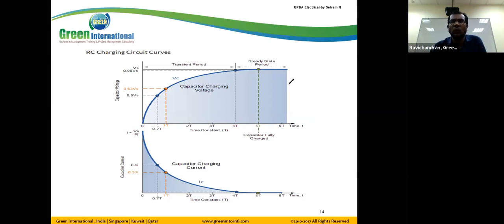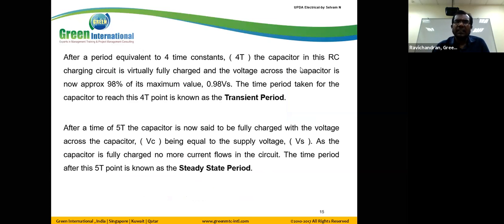Easy to remember this one. So transient period 4t, steady state period 5t. Sometimes they ask this in the exam.